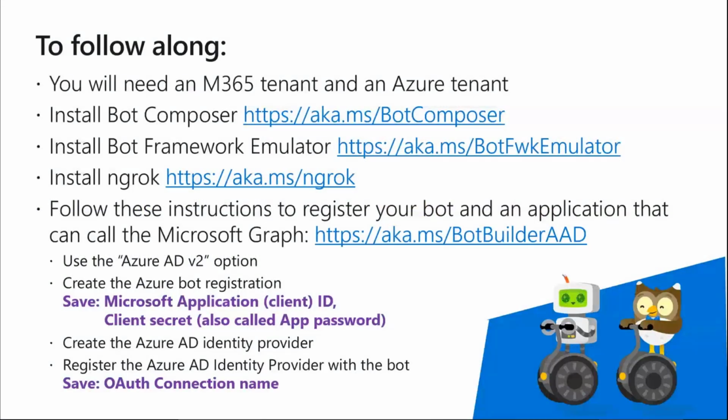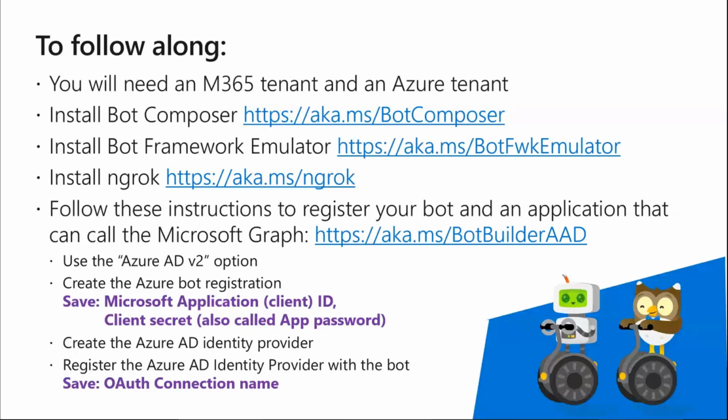Because of the amount of time we have, I'm going to assume that you've already, if you wanted to follow along with the recording of this, and I will make a more in-depth recording at some point, you need to install the Bot Composer, the Bot Framework Emulator, ngrok, which if you've worked with bots you're probably familiar with, and then follow these instructions to register the bot.